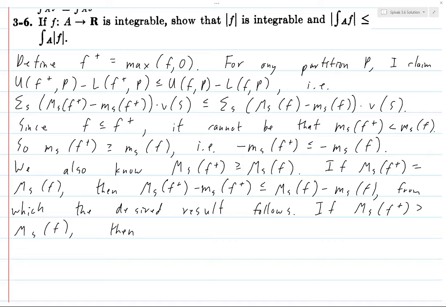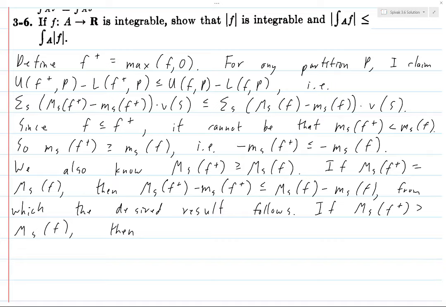So what we're saying is happening here is that if we take the maximum of f and 0, taking the supremum over all f of x is going to give us a strictly smaller number than taking the supremum over all f plus.